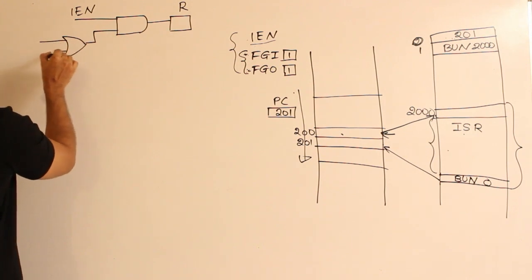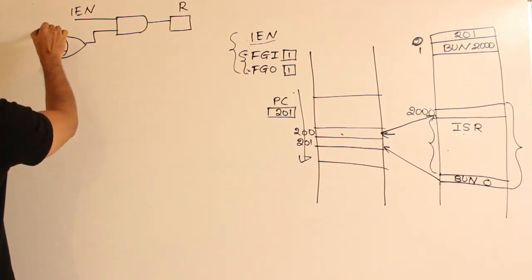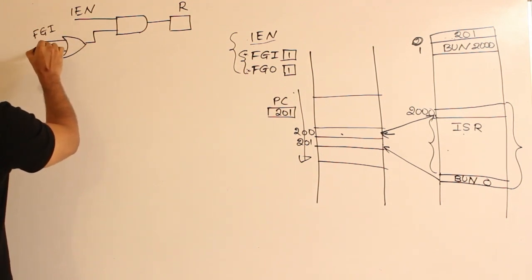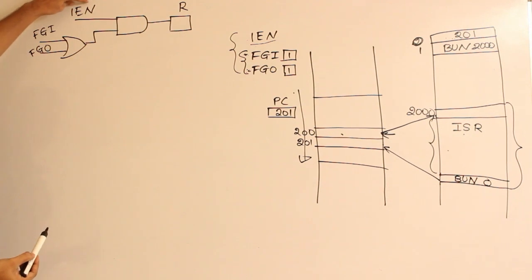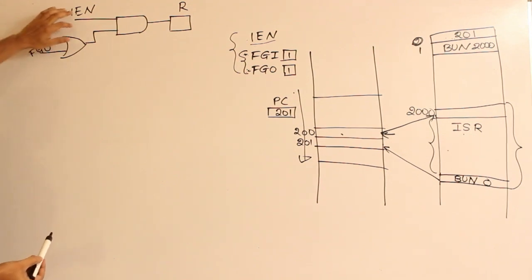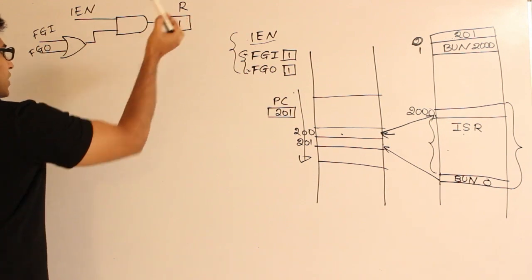And this OR gate is going to be given these two flags, FGI and FGO. Now check this. Whenever IEN is 1, if any one of these two is 1 or both of them are 1, then we are going to get a 1 here, right? Whenever we get 1, what does it mean?